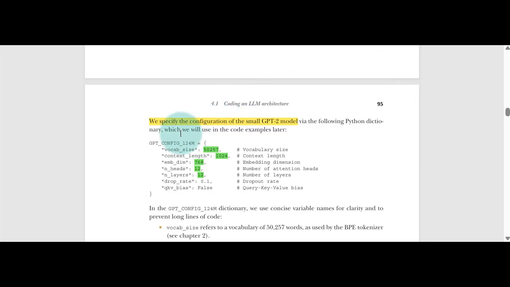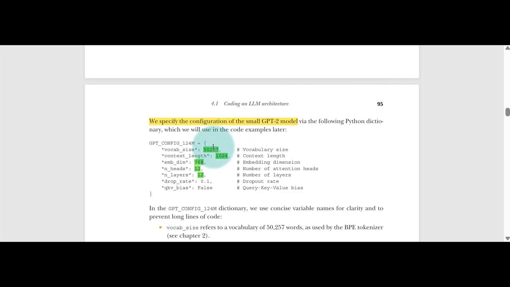Okay, so we're going to have a little dictionary here that we're going to load in every time we want to set up a model, and it'll say what the hyperparameters for the model will be.